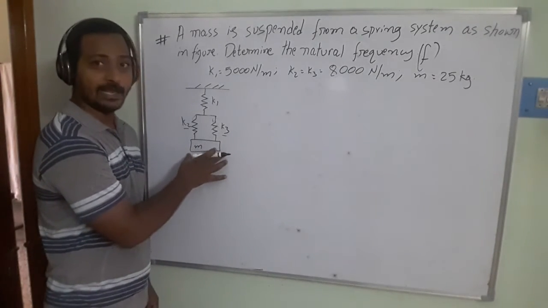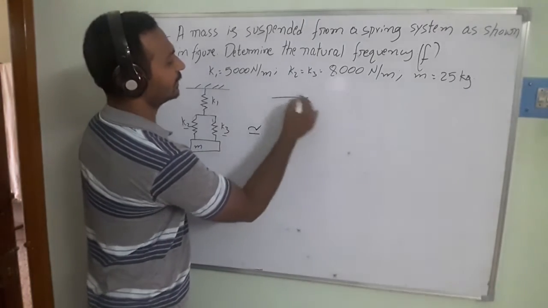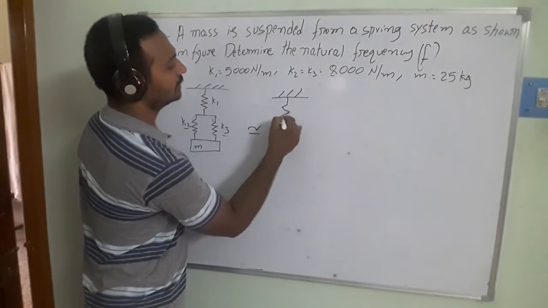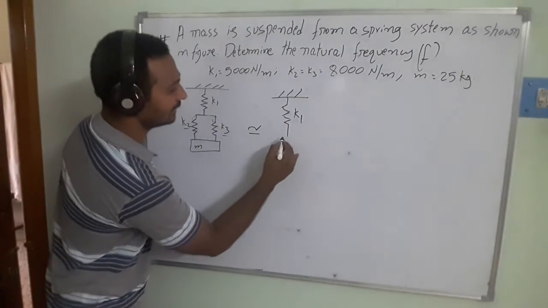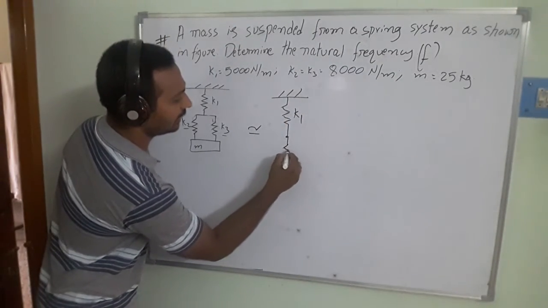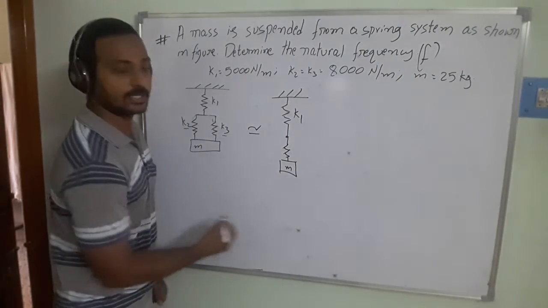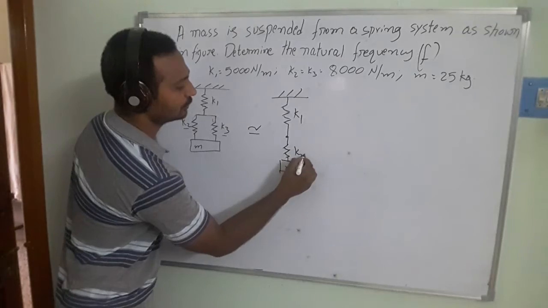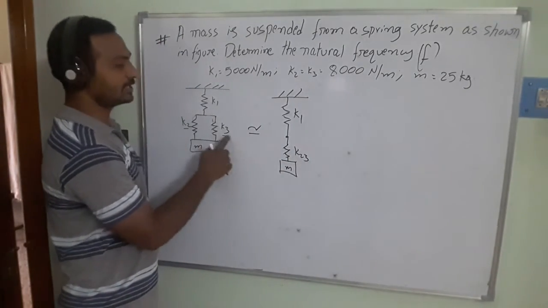For getting an idea, I am going to draw a simplified diagram. This is spring 1 with K1 stiffness, and the next one is the equivalent spring constant K2,3, taking the two springs.